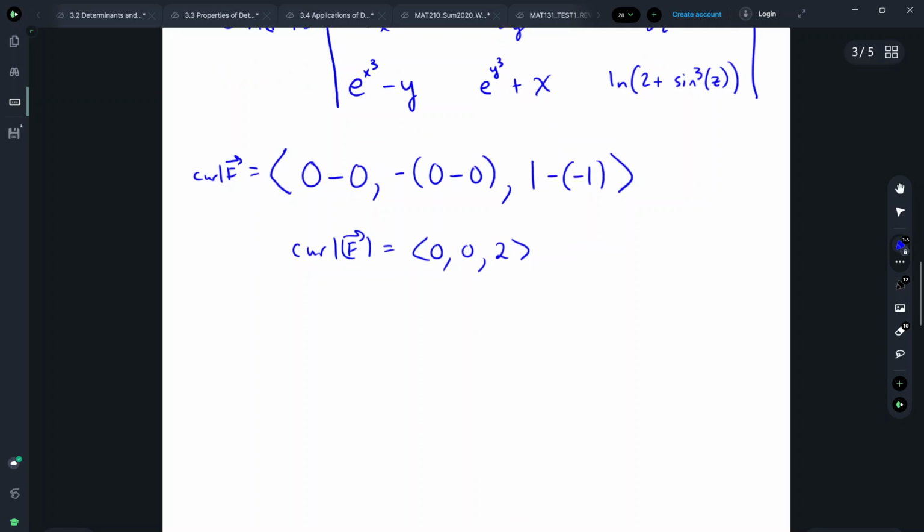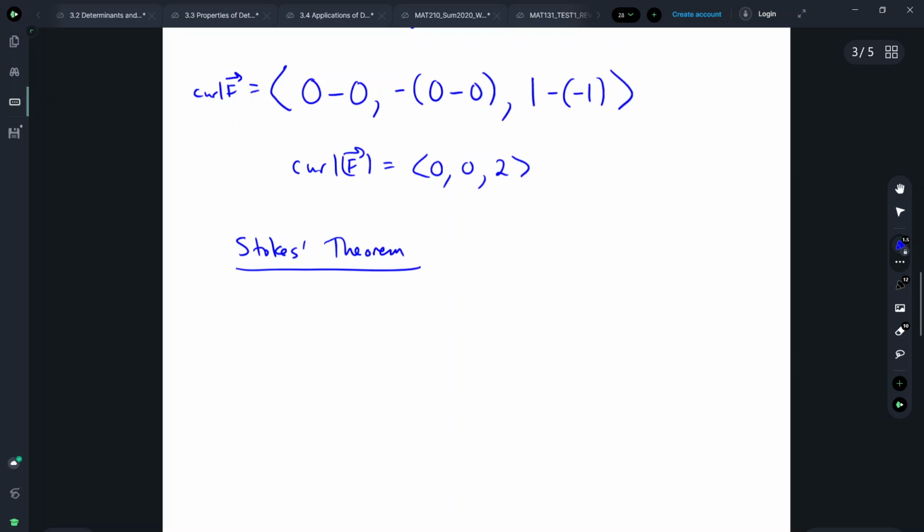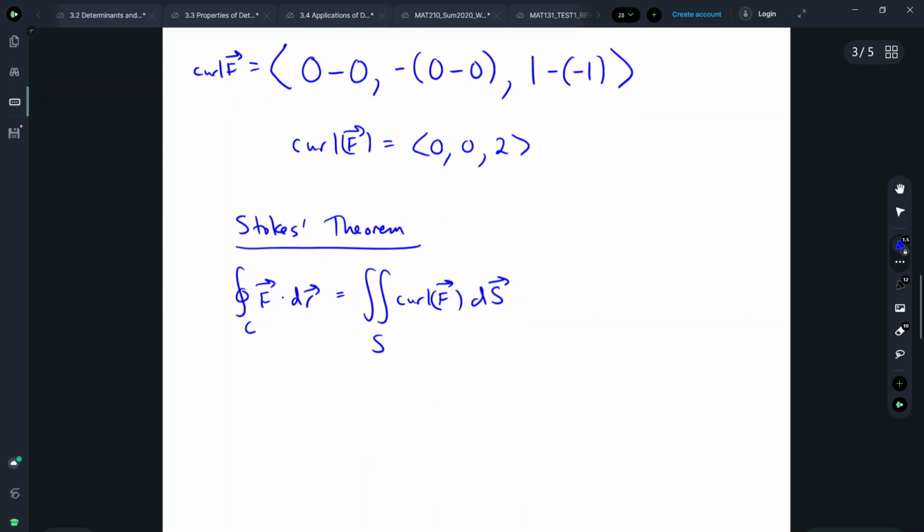Okay, so now finally we have everything to apply Stokes' theorem. So again, the original problem was to calculate this line integral, but Stokes' theorem allows us to replace it with a surface integral of the curl of F, and so to calculate the surface integral, we need to project it down onto the xy plane.